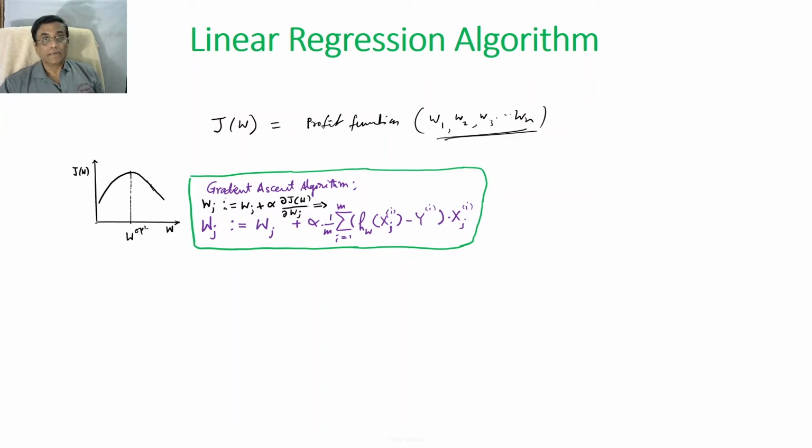Now here the algorithm sign will only change. Wj equals earlier Wj plus alpha times this. That's the only change, plus. Why? Because you see, here also same thing. If you initialize your W from here, that is smaller than the optimum value, then what will happen?